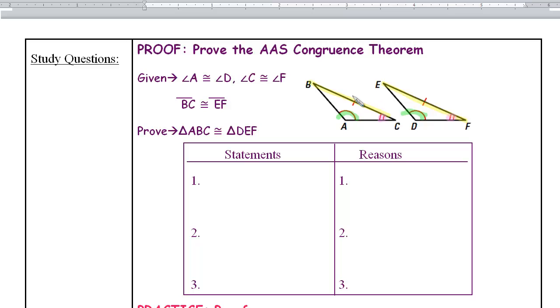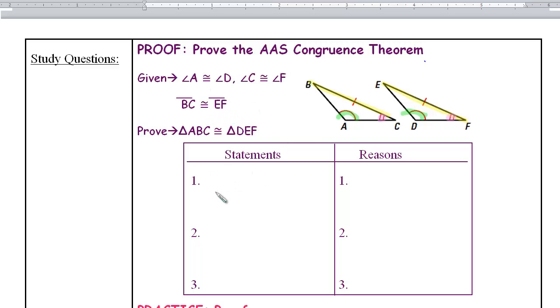So as I work around the triangle, I see this would be angle, angle, side. It's okay if you see it as side, angle, angle, because that can certainly just be reflected, and that's angle, angle, side. Same difference. So what they tell me first is that the given angle A is congruent to angle D, angle C is congruent to angle F, and segment BC is congruent to segment EF.